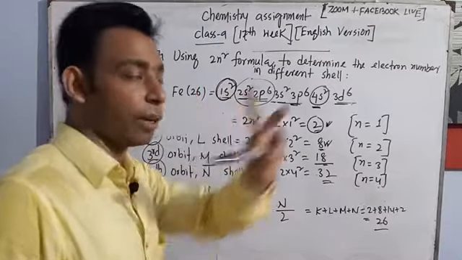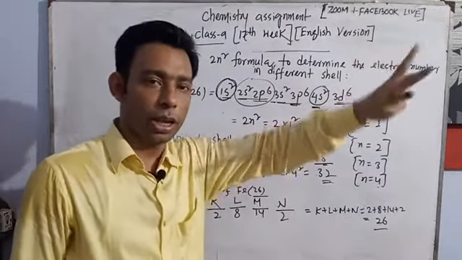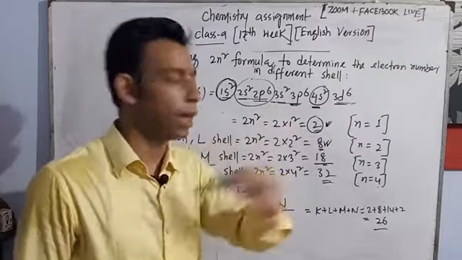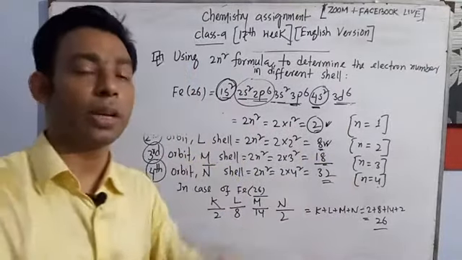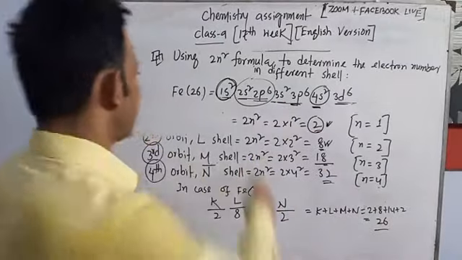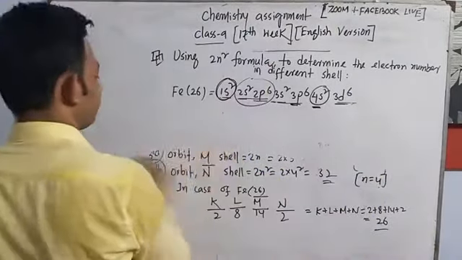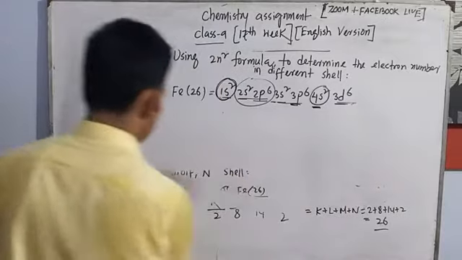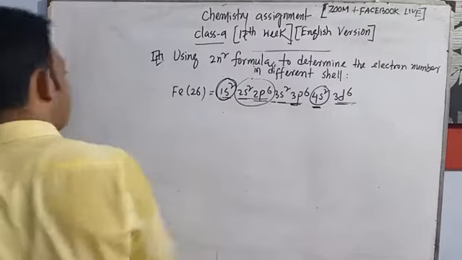Third part we completed. Finding elements, first part. Second one, electron distribution, diagrammatic representation according to the Bohr model. And third part, using the 2n square formula to find the total number of electrons in different shells. We completed this one. Now let's go to know about using the n plus L formula.